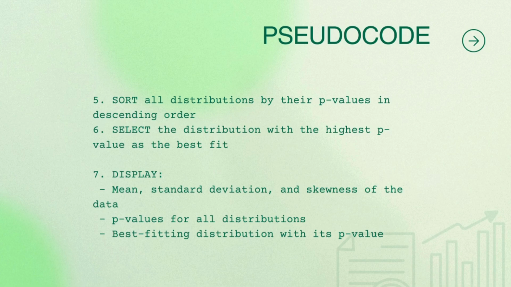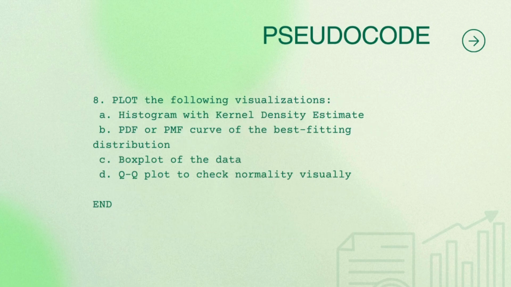Each distribution's p-value is shown along with the system's best guess for the most suitable distribution. And finally, we generate four types of plots: a histogram with KDE to visualize the data, the PDF of the best fitting distribution, a box plot to show data spread and outliers, and a QQ plot to visually assess normality. These visualizations help to confirm the statistical result.